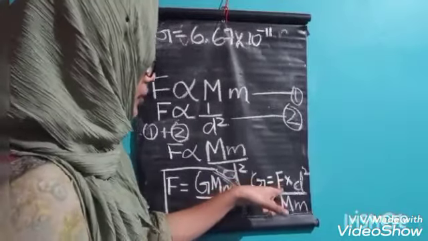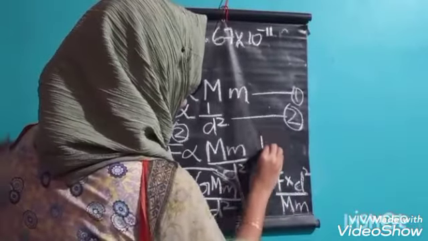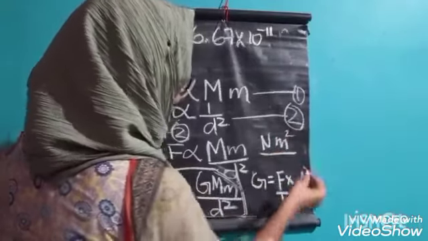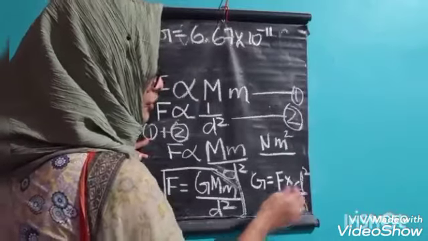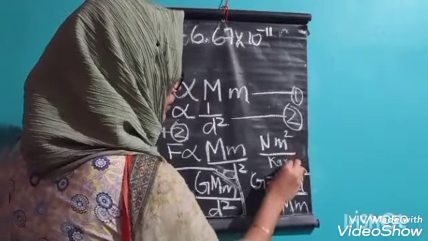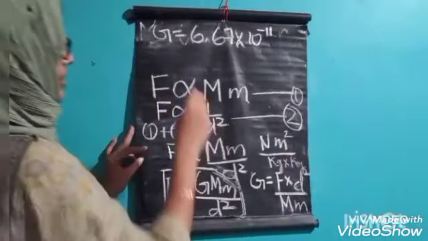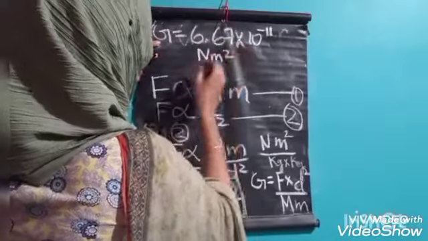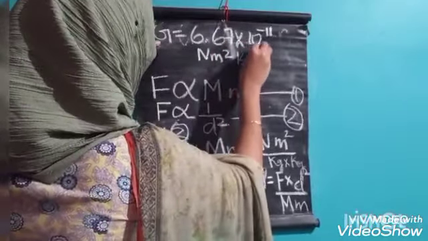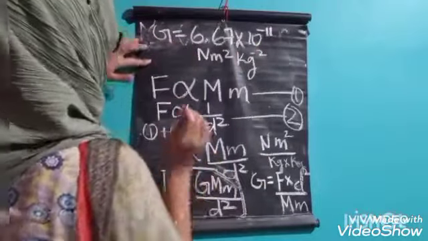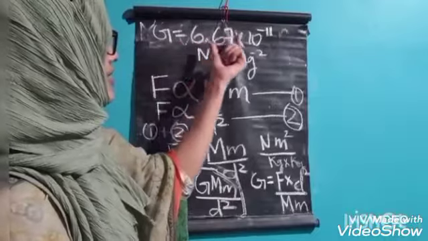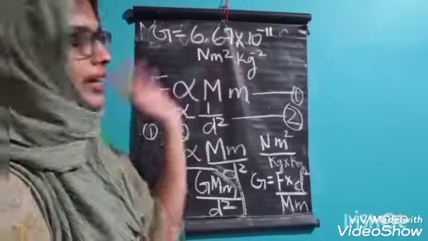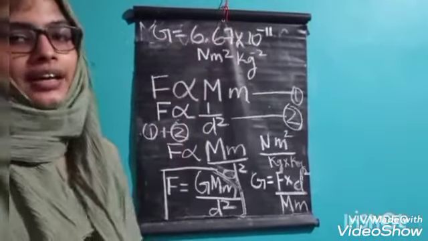Here d square coming to this side goes into multiplication, and the masses M and m, coming to this side, become division. So what is the unit of F? Newton. The unit of d is meter square, divided by mass into mass, that is kilogram into kilogram. So the unit of G is Newton meter square kilogram raised to minus 2. So the value of G is 6.67 into 10 raised to minus 11 and the unit of G is Newton meter square per kilogram square.